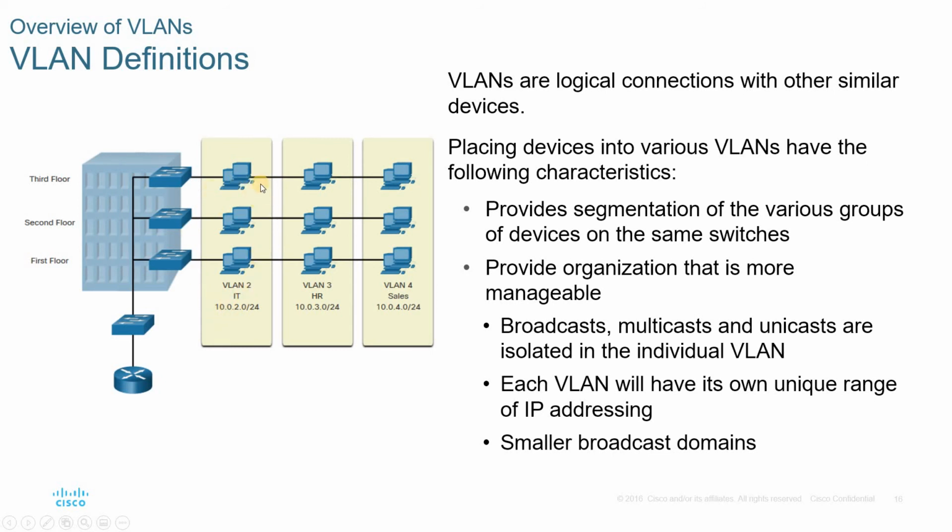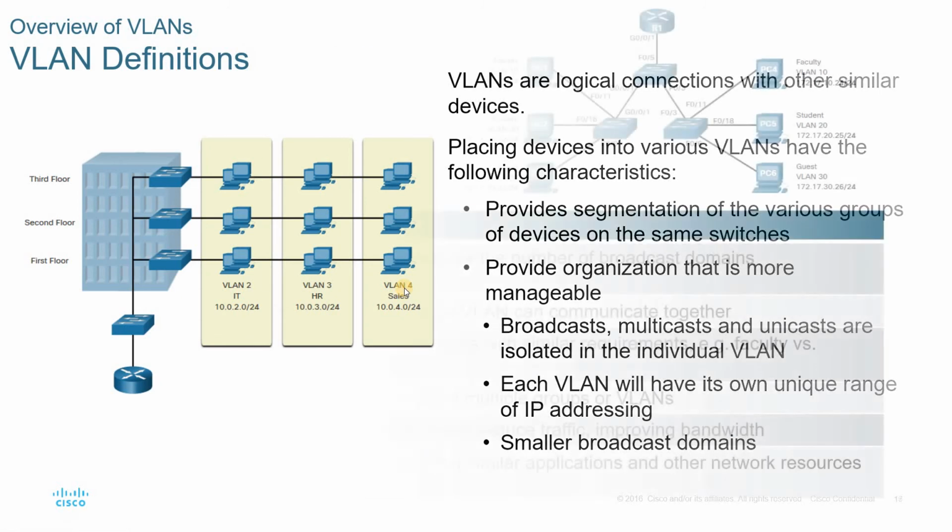Their communication within the IT group, their broadcast, is restricted to that segment. Same with the HR group, and same with the sales group, represented by VLAN number 4. So these are VLAN IDs actually: VLAN 2, VLAN 3, VLAN 4.